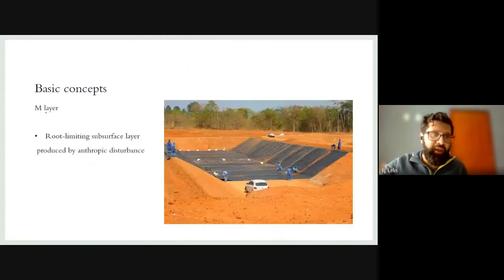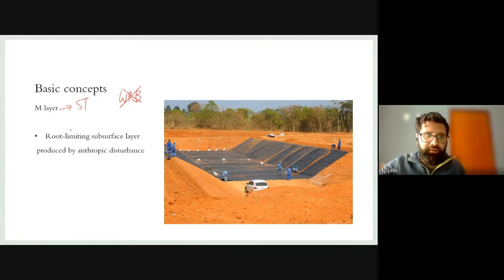We have an M layer that is exclusive to the soil taxonomy. Okay, so WRB doesn't have this layer. This is a root-limiting subsurface layer. It is a layer produced by humans that doesn't allow the growing of roots.